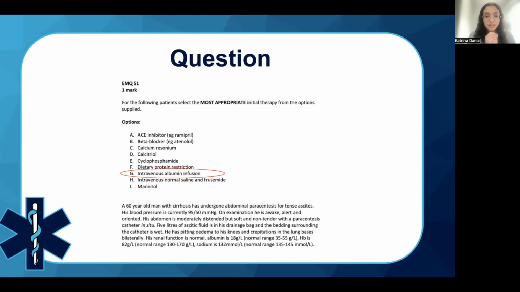So how to fix this is to give him that albumin to encourage the water to go back into the blood, and to relieve all those symptoms and to prevent him from getting further ascites.